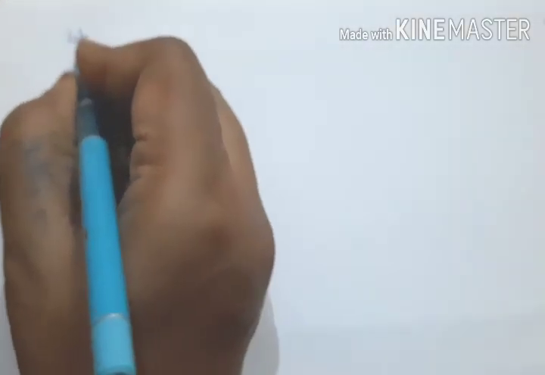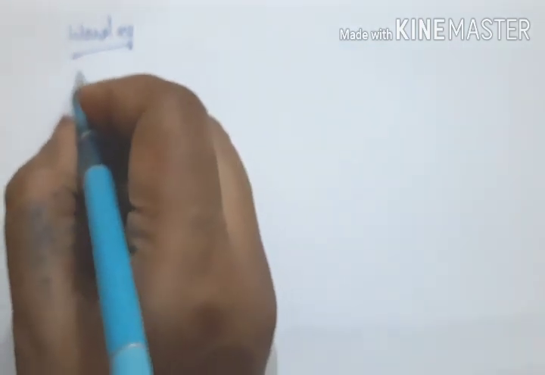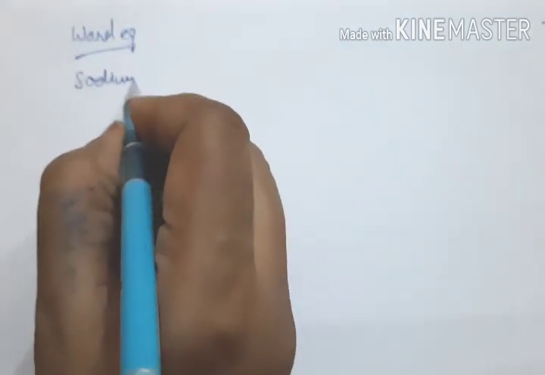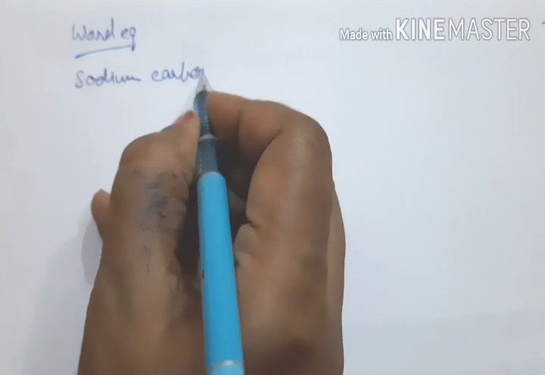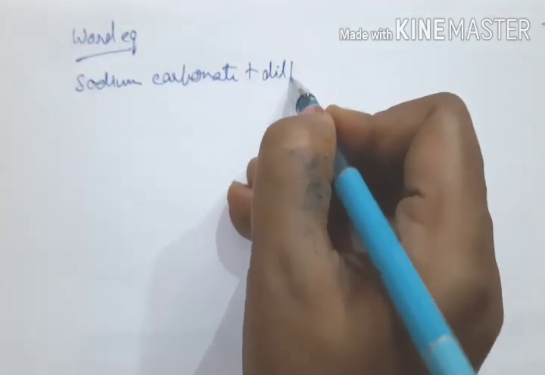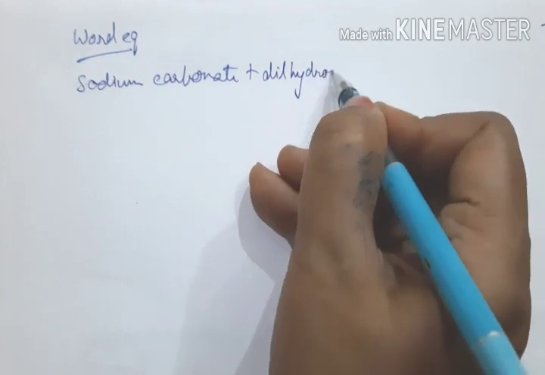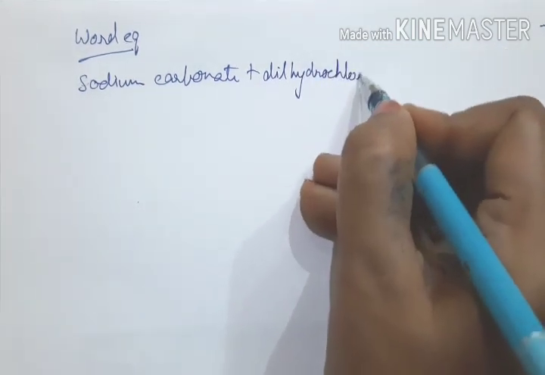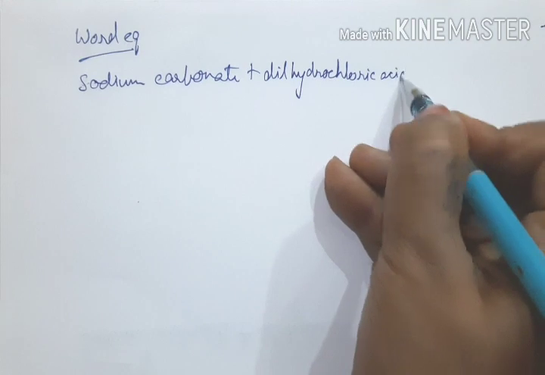Now the third chemical reaction we take is between hydrochloric acid and sodium carbonate. So first we write down the word equation. Word equation is sodium carbonate plus dilute hydrochloric acid.